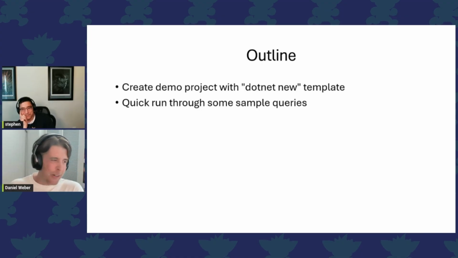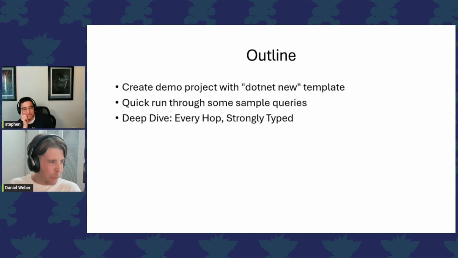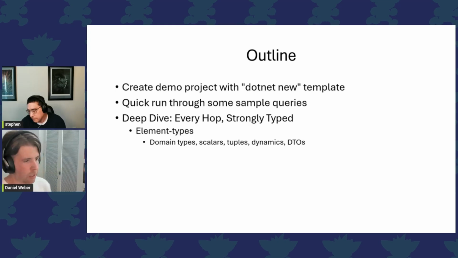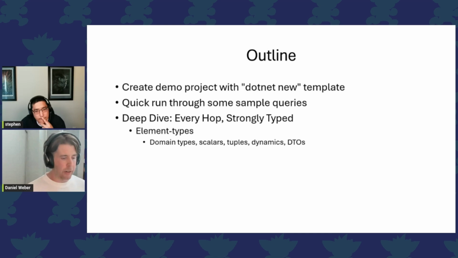We're going to run through those queries, and then we're going to do the deep dive. So let's look at what we have. What does our API give us? Where are the elements? What are the interfaces that Gremlinq provides? We have element types, which will be your domain types, your airport, your route. Of course, we have scalars, integers for counting things and other things.